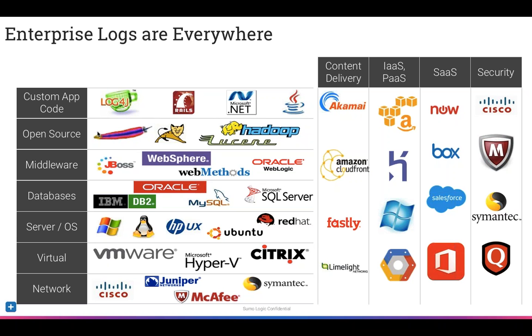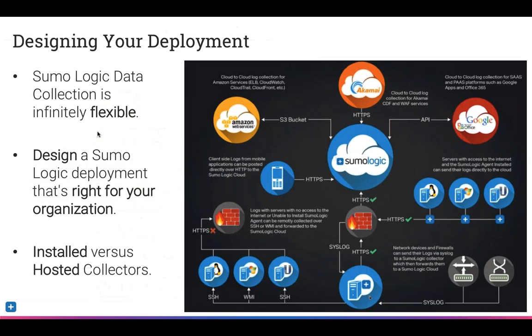It starts from the network, goes through your virtual layer, your operating system, your databases, all the way up to your custom code. So we can pull any data from here, whether it's structured or unstructured data, and load it into Sumo Logic. Now, one of the things to keep in mind is that data collection for Sumo Logic is infinitely flexible. We are very, very flexible, and that is a plus for us because it allows you to bring just about any data into the system.